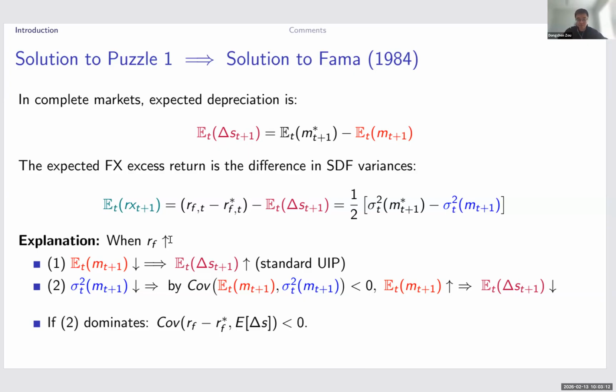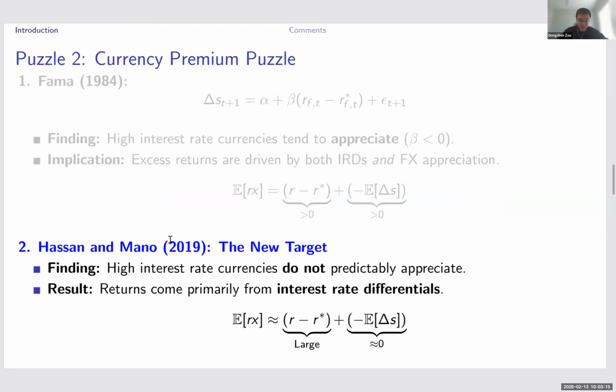So the new target here is we actually find that, wait a minute, these high interest rate currencies have a high FX risk premium not because they appreciate, but because they have these large interest rate differentials, which are persistent. So the returns are not coming from the expected appreciation of the domestic currency, but actually from these large interest rate differentials.